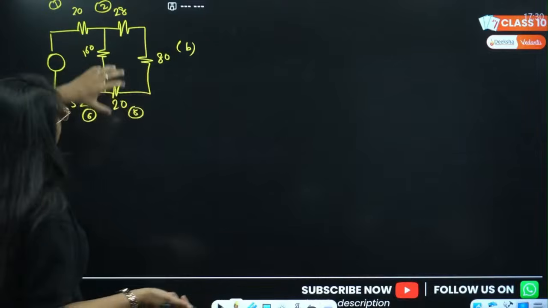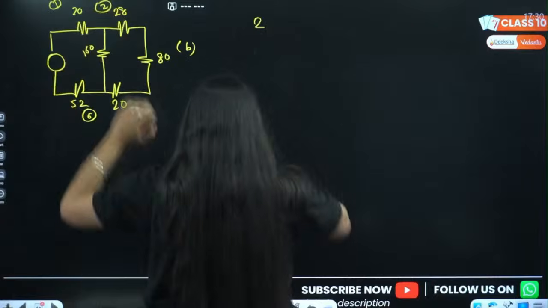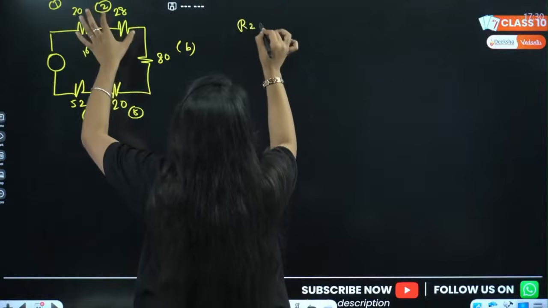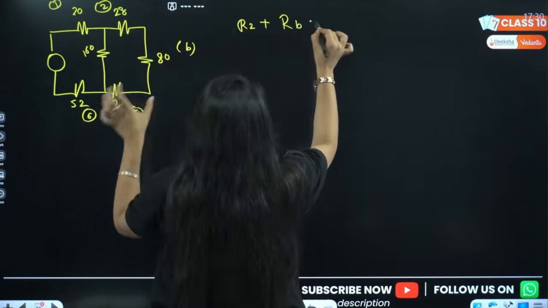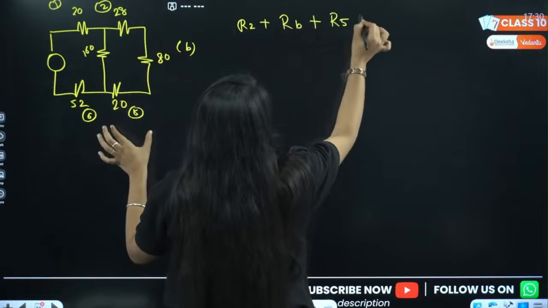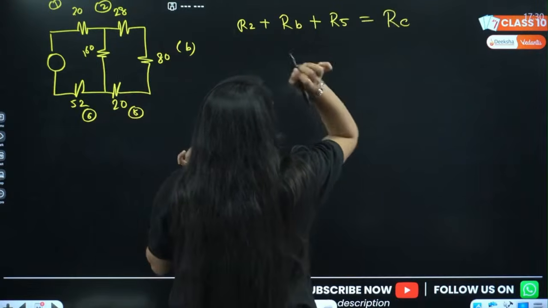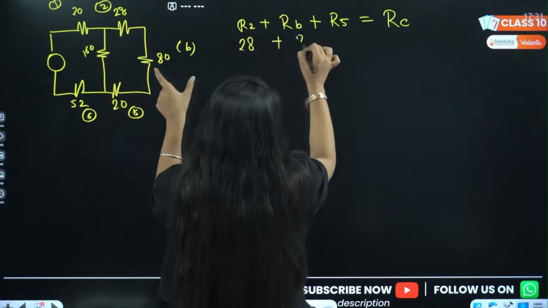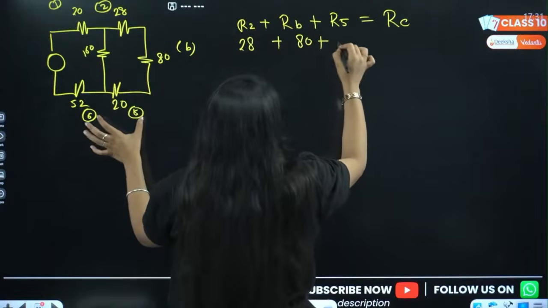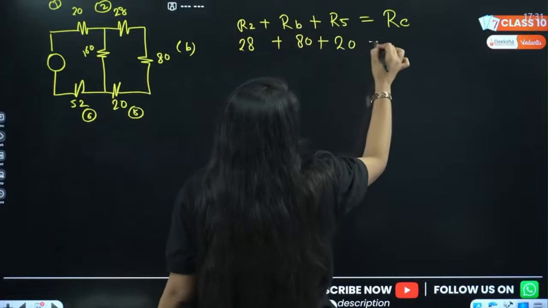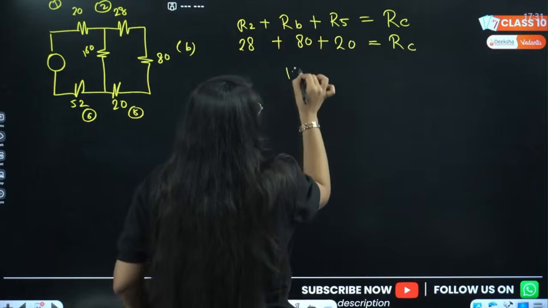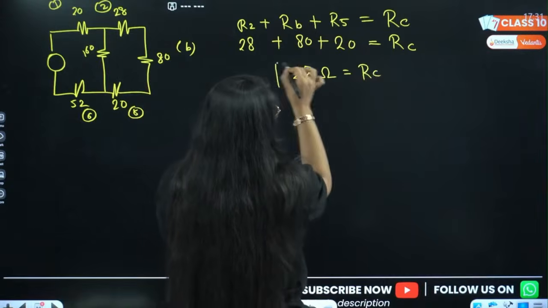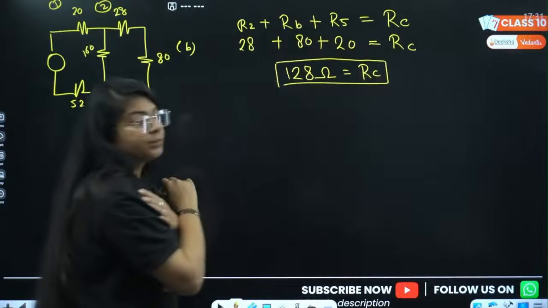These three are in series, so that will be R2 plus R of B plus R of 5, and we'll name it as RC now. So R2 is 28 plus RB is 80 plus R5 is 20. That will be RC. So this will be 128 ohm equals to R of C. Again, इतना समझ में आ गया? ठीक है?